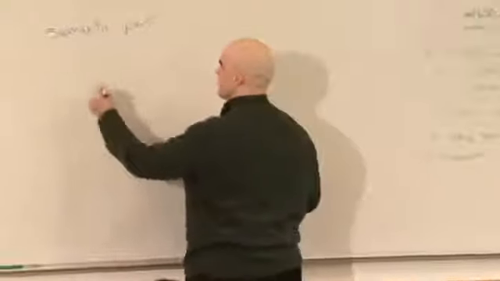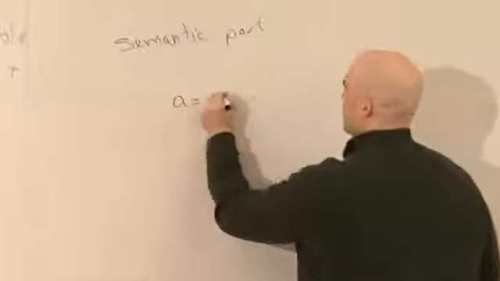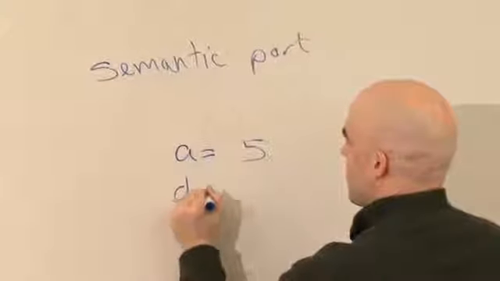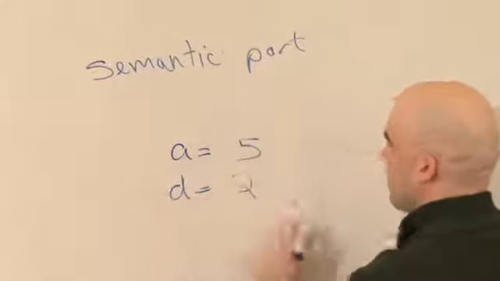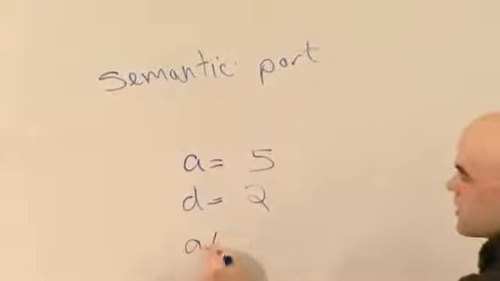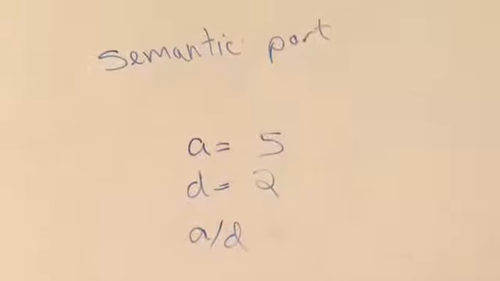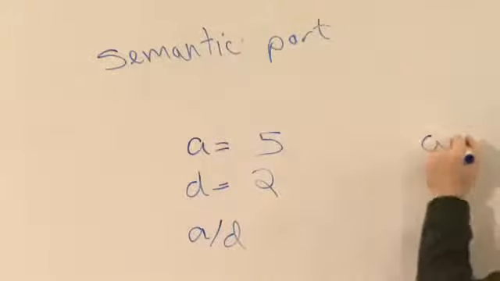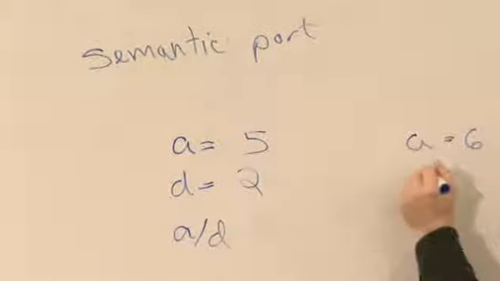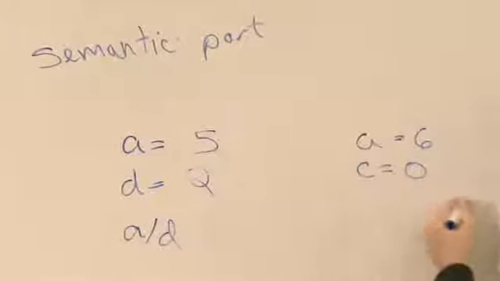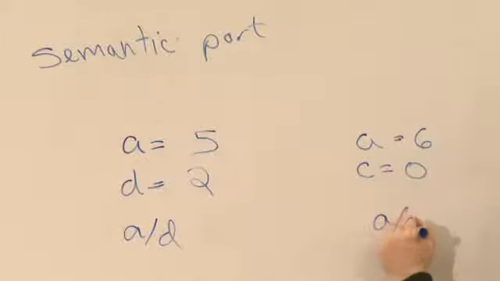So as an example, this, as we know, is fine. That's correct. But let's say we have this. So A is 6, C is 0. If I do that, what's 6 divided by 0?